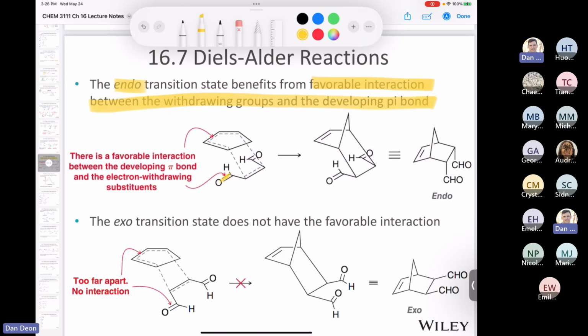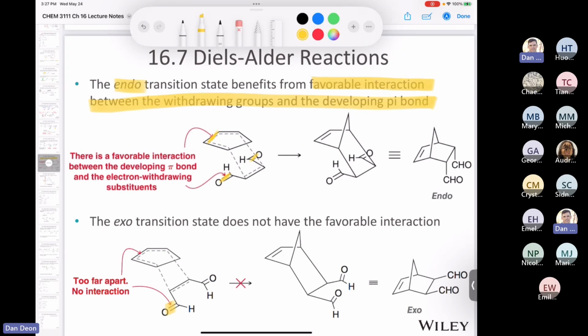So between these electron withdrawing groups and the pi bond that's being formed, there's a favorable interaction. Now, if you're like, well, that's not a very deep explanation, you're right. That is as deep as we go in this class. We just say there's some kind of electronic effect that makes this transition state much more stable than if it was exo.